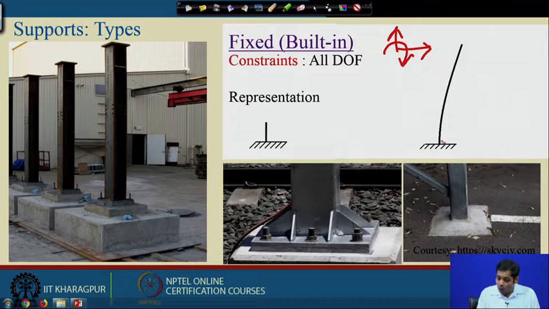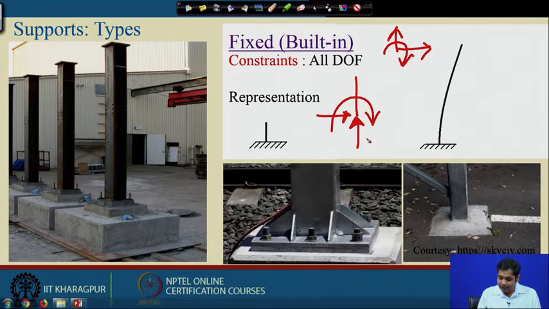So, if we have to draw the free body diagram of this support, if you recall, the free body diagram of a fixed support is, if this is the fixed support, then you have this force and a moment. So, this is the free body diagram of this support.